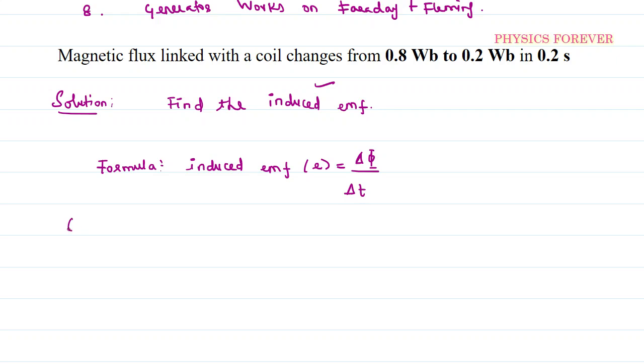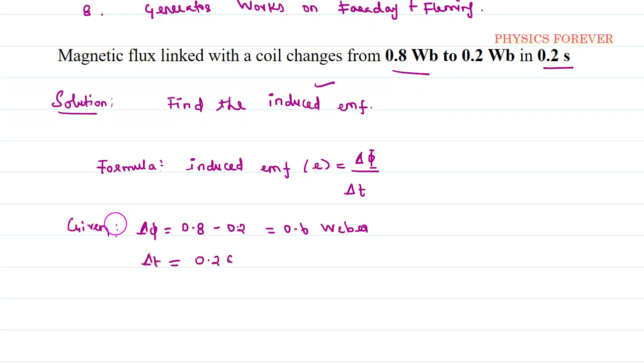Given del phi is 0.8 minus 0.2, so we get 0.6 Weber. Next, del t is equal to 0.2 second.